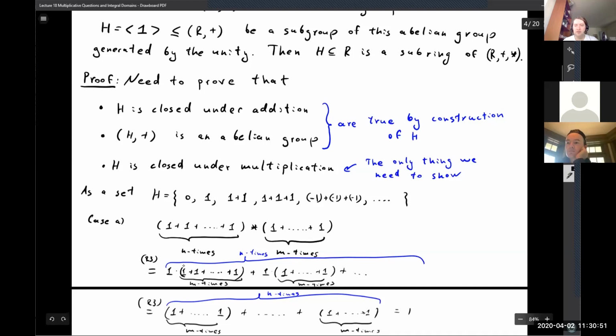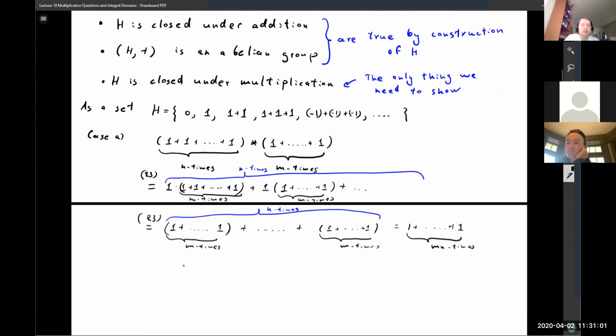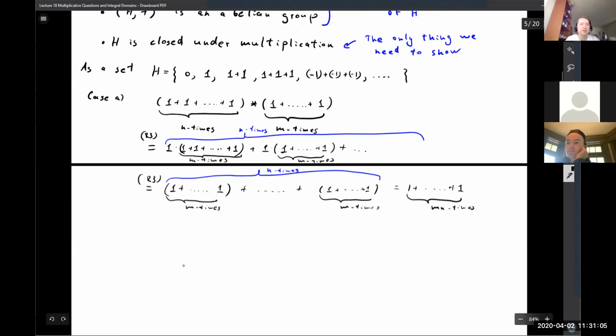And this, of course, is 1 added with itself mn times. Recall that here, plus was the abstract operation plus in the ring R.